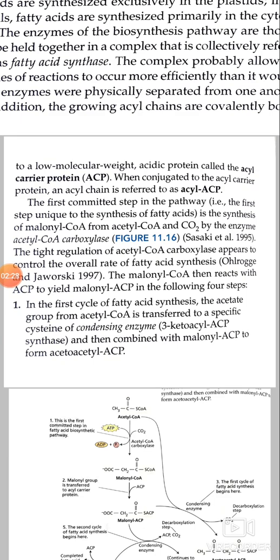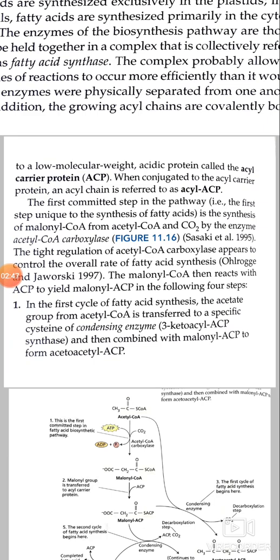The malonyl coenzyme A then reacts with ACP, acyl carrier protein, to yield malonyl ACP.